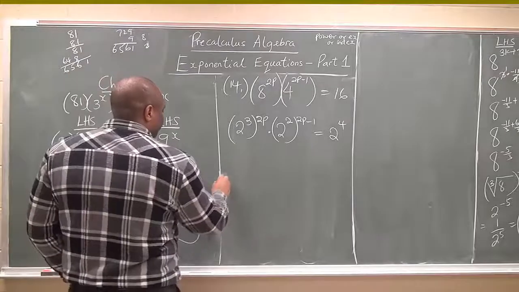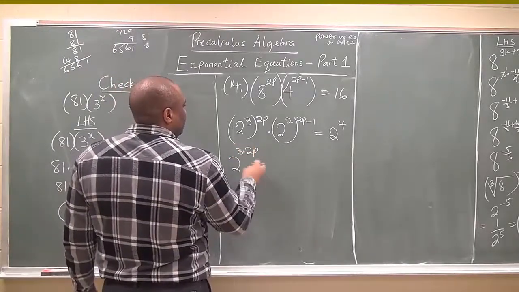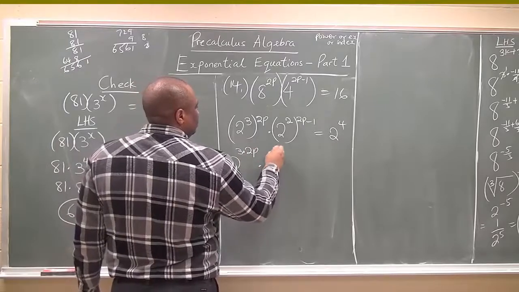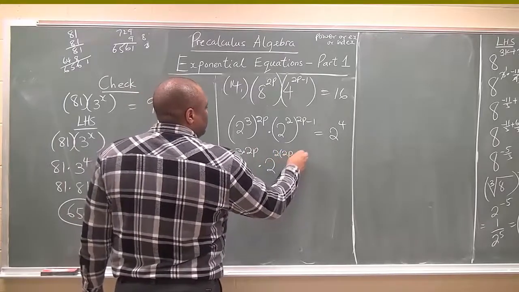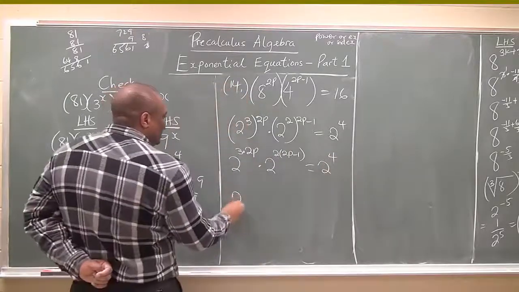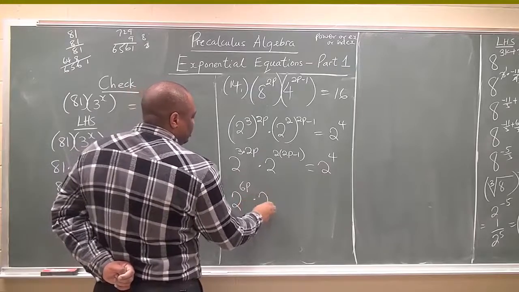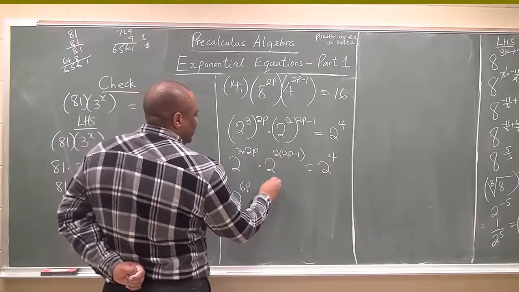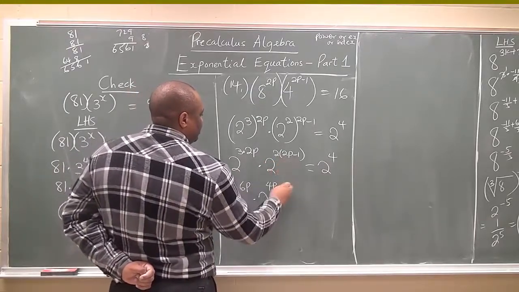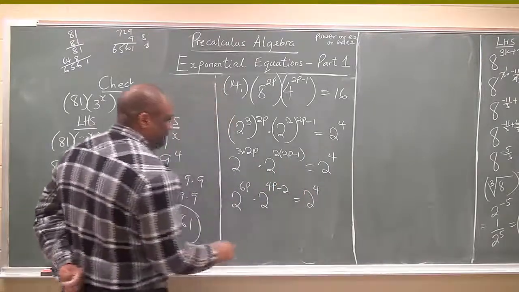So this is 2 cubed to the power 2p, times 2 squared to the power 2p minus 1, equal to 2 exponent 4. So this is 2 exponent 6p times 2 exponent 4p minus 2, equal to 2 exponent 4.